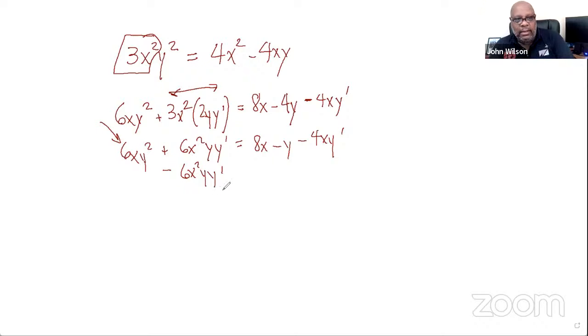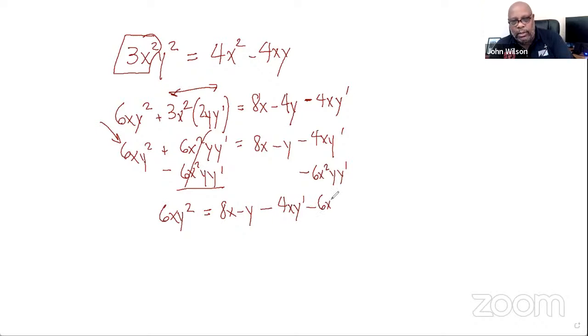When you do that, it ends up being like this. This cancels. Get 6xy squared. And I would do these steps one at a time. If you rush, you could make a mistake. Over here, it's now going to be 4 terms. I know you see these are similar terms, and that's going to be important in a moment.